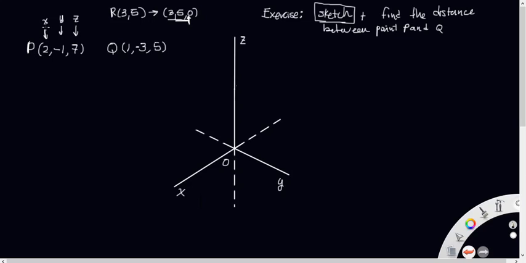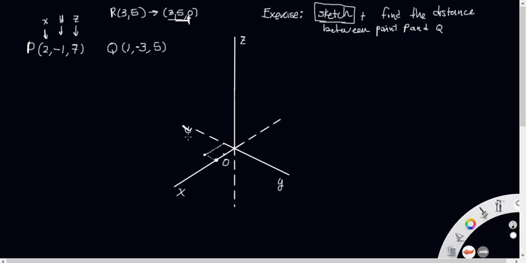So let's sketch the first one. We need to move 2 units in the positive direction on the x-axis. Let's imagine that we have some scale here, and this is exactly there. That's two units in the x-axis. Then we need to move -1 in the y-axis, so this is going to be in this direction because this is -y. We're going to move 1 somewhere here.